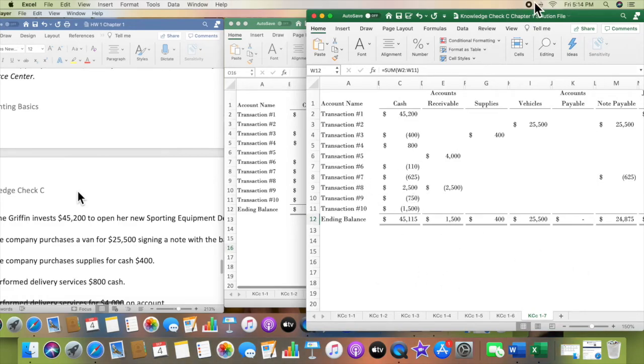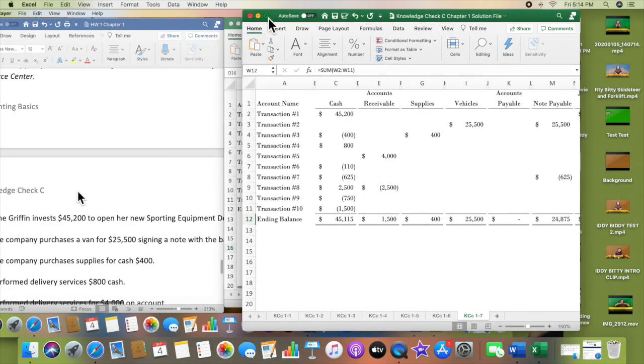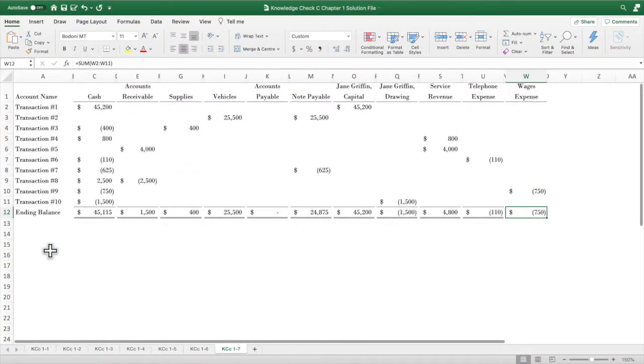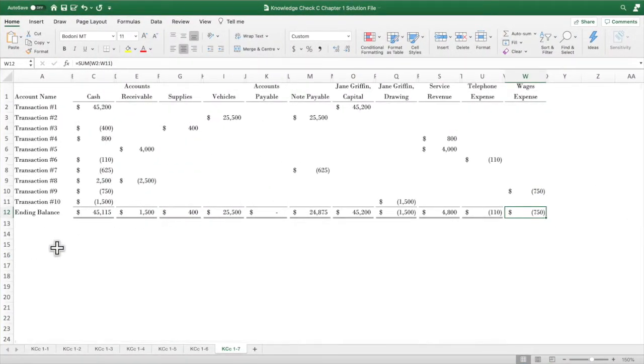So if we were to record the assets, liabilities, and owner's equity, we could come down here and make sure that they all equal out.